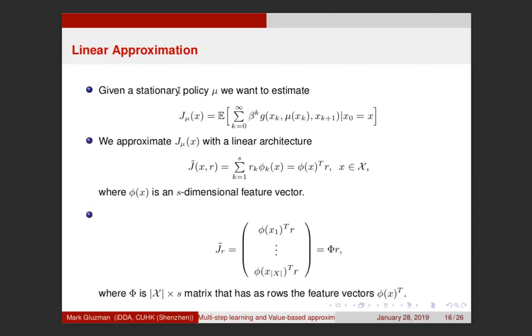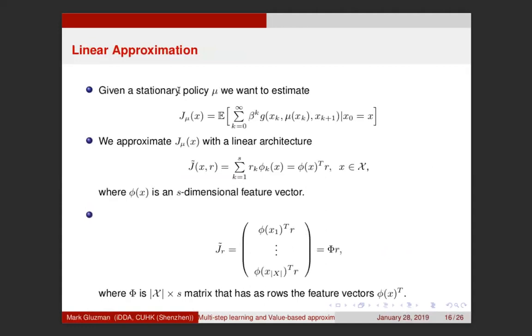Also, to make it even more compact, I can write the estimation of the value function as a matrix phi that has feature vectors phi x as rows, multiplied by our parameter vector r.